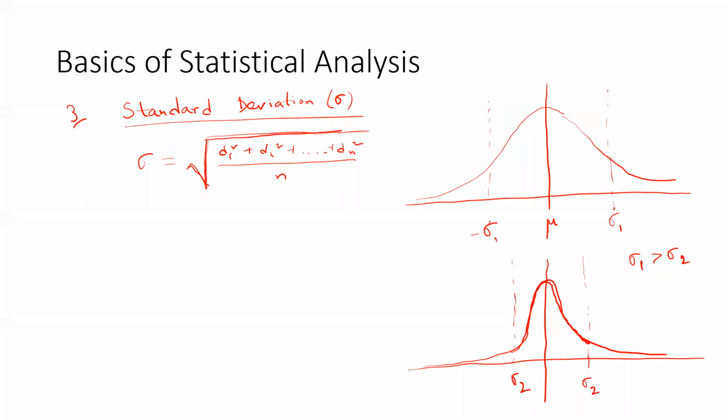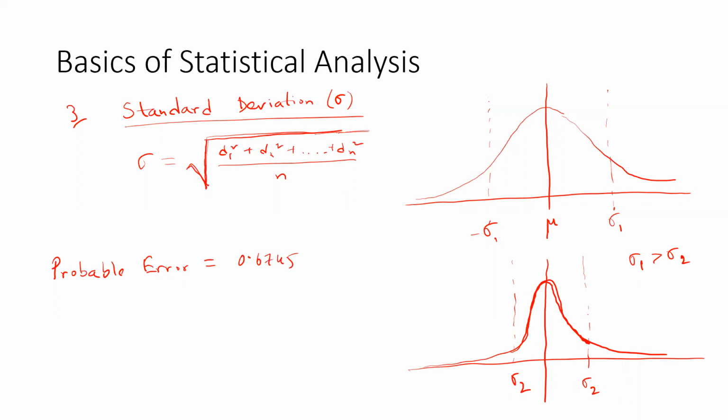Now, apart from this, if you know that your data samples are normally distributed, then you can also suggest the probable error in the data set, which would be 0.6745.